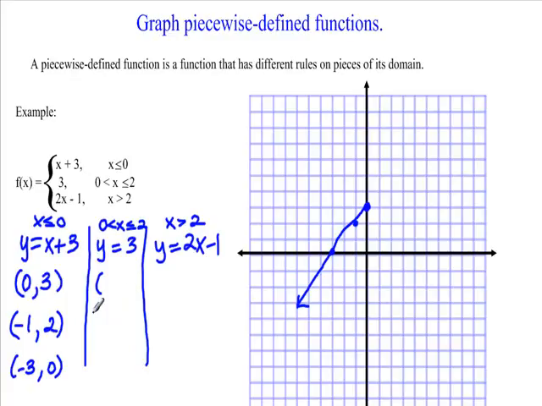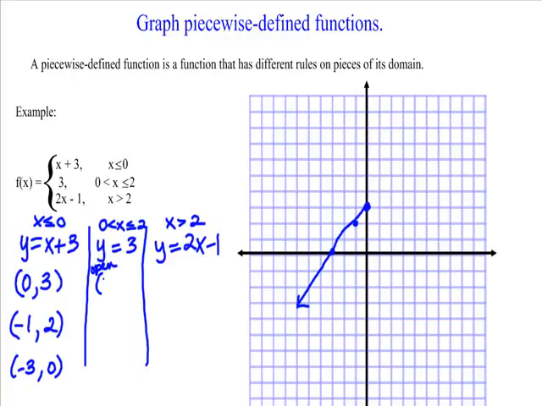There's no way that I can really get as close to 0 as I need to without actually finding the function value at 0. But since 0 is really not included as part of that piece, I'm going to use an open circle at that particular point. So when I plug in 0 to this rule, y is simply 3.